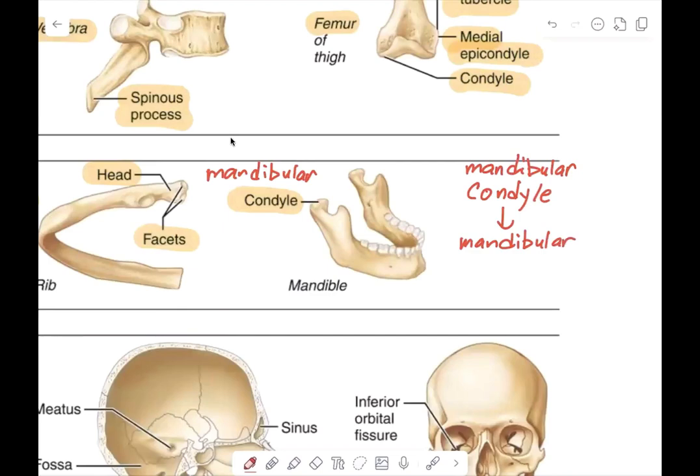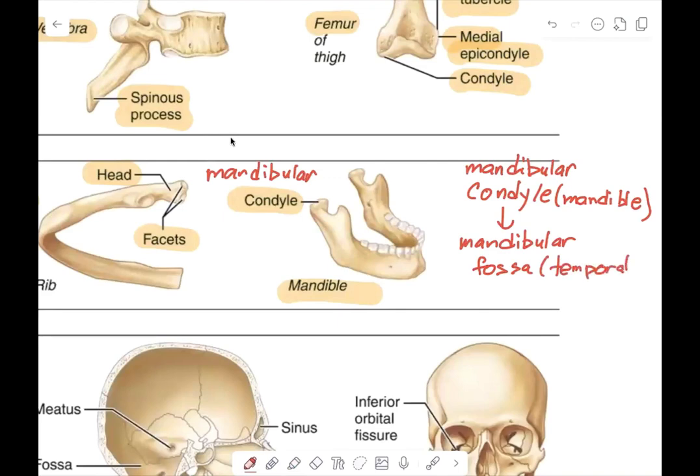fossas. Fossas are sometimes rounded like depressions, and in this case, the mandibular condyle on the mandible bone, as you can see here, is going to fit into the mandibular fossa, which is actually on the temporal bone.